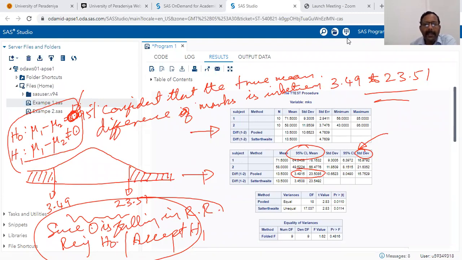Shall I erase this? Have you all taken down? So we'll have to explain the confidence interval and explain the results also. I haven't explained the results yet. Hypothesis point estimation, I didn't explain the point estimation. This is about the confidence interval.